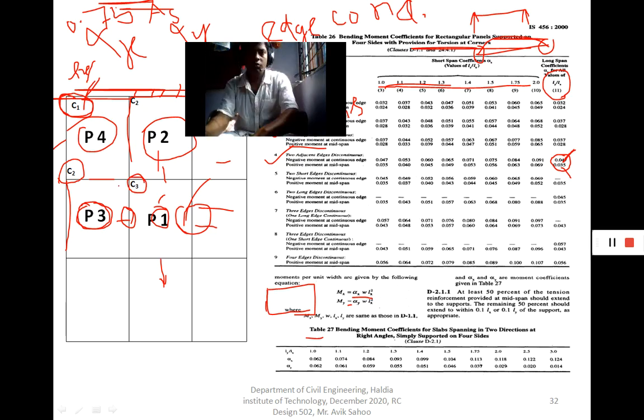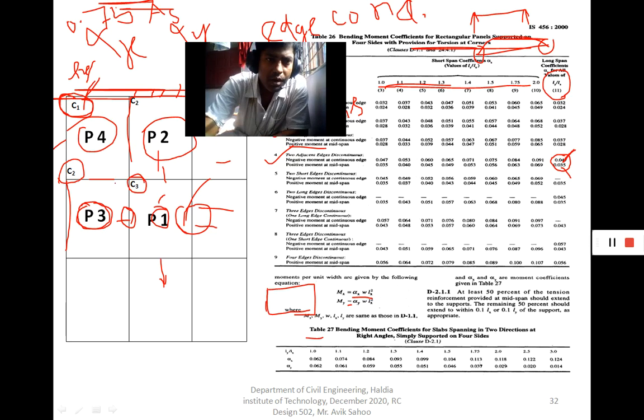Basically in corner 3 the torsional forces balance each other. The torsion developed in this corner is balanced by this force, which is developed in panel 1. Again this force is balanced by this torsional force.